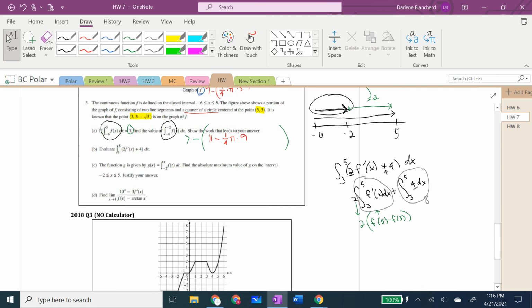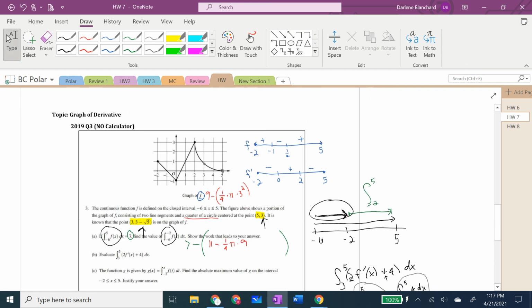And all I have to do now is just bring that together. So I have 2 times my f of 5. No, my f of 5 is 3. Hold on. That's the center.